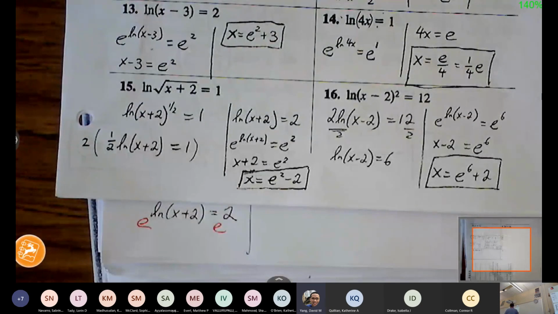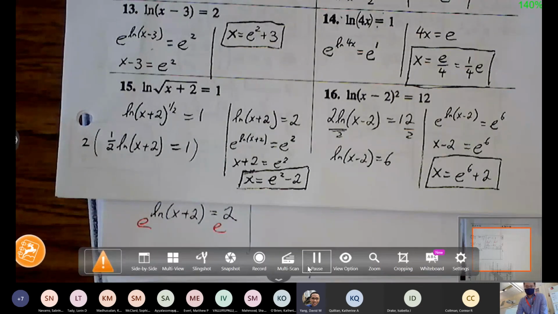Bring that 2 down, move it to the other side. Once you have a nice, clean natural log expression, then you can be free to involve e to get that natural log to go away, and then solve for x. Okay, any questions there?